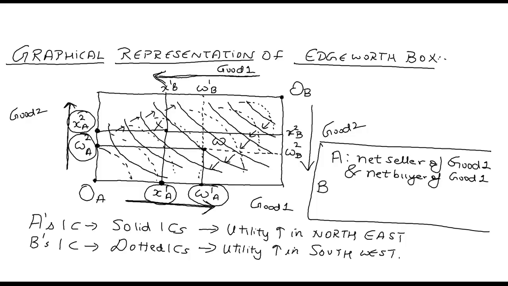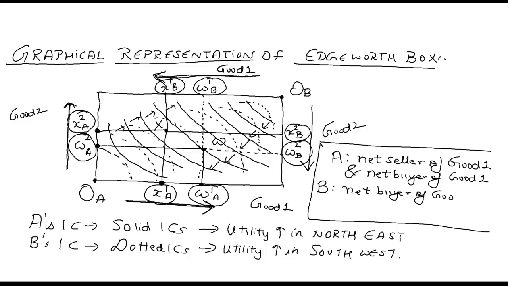Let's look at agent B. Now turn to B's origin. To understand in depth, turn to B's origin. You will see that agent B is consuming more than his endowment of good 1. And on the vertical axis, agent B is consuming less than his endowment of good 2. So agent B is a net buyer of good 1.